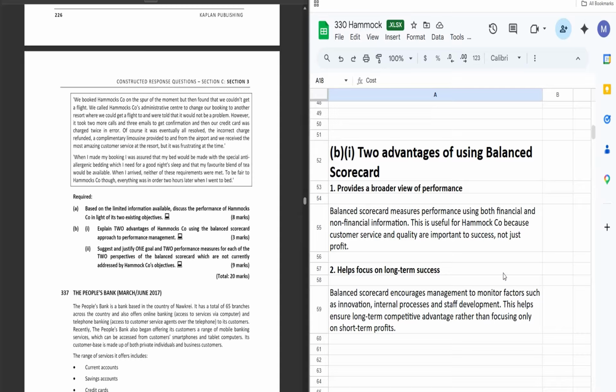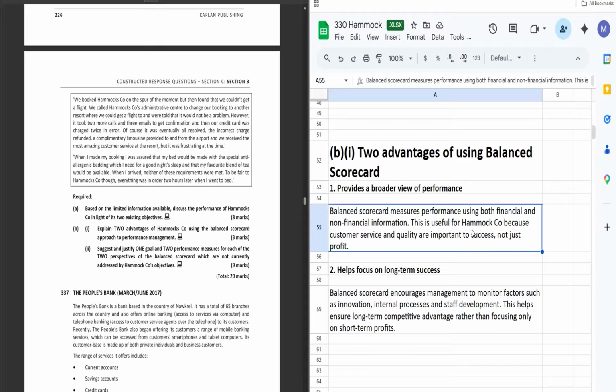So now I have explained the first point, provide a broader view of the performance. The balanced scorecard measures the performance using both financial and non-financial information. This is useful for the Hammock company because customer service and quality are important to success, not just profit, even though you can add regarding that innovation point.